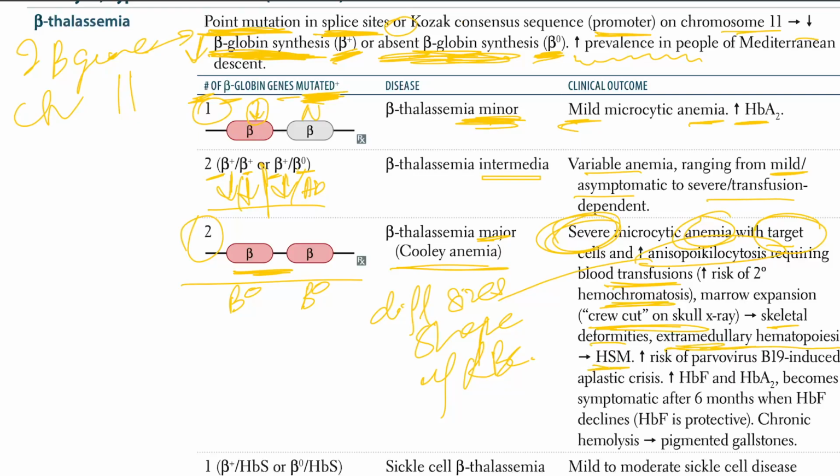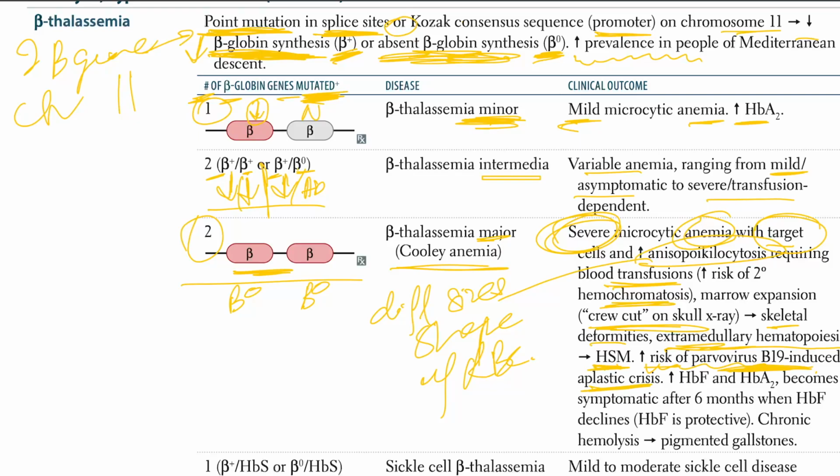Because of extramedullary hematopoiesis, the spleen and liver start forming your RBCs, leading to their enlargement. There is an increased risk of parvovirus B19. Whenever we have a problem in RBCs, they're prone to getting infected by parvovirus B19, which would induce aplastic crisis.